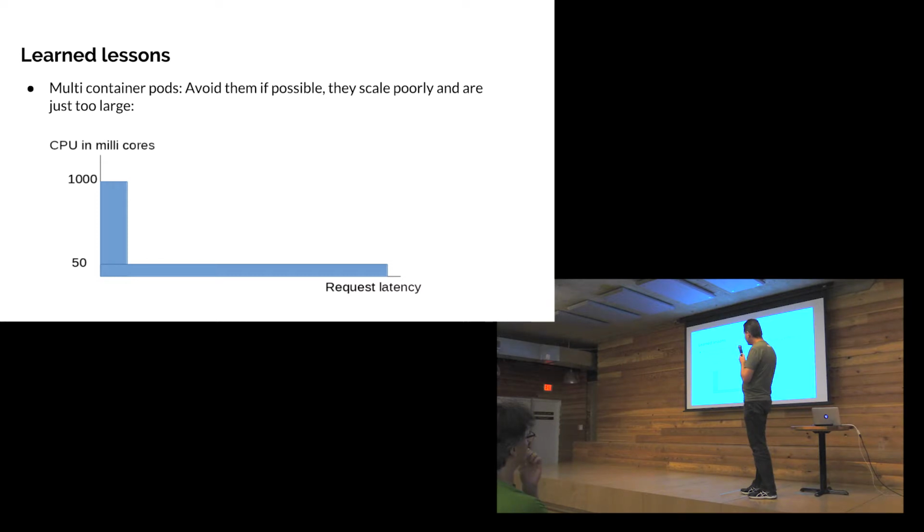Then we have a few more learned lessons. Another scenario which we clearly had was a multi-container pod approach, in which we, for example, had our application and log processing for other use.